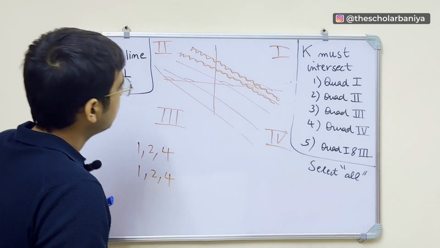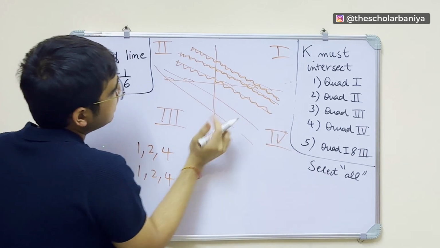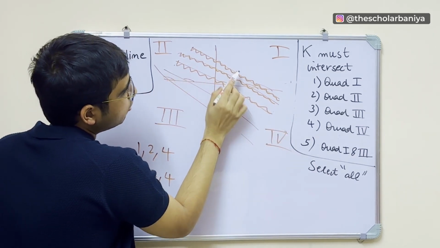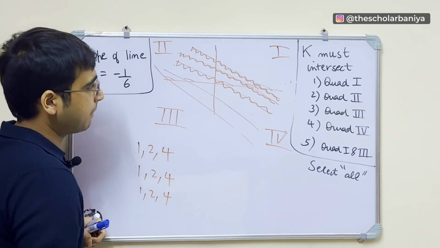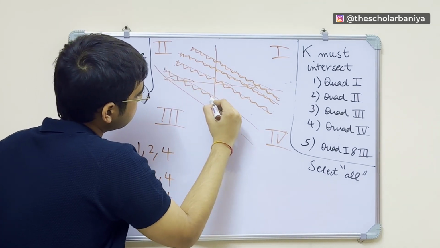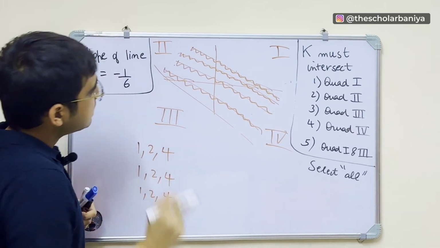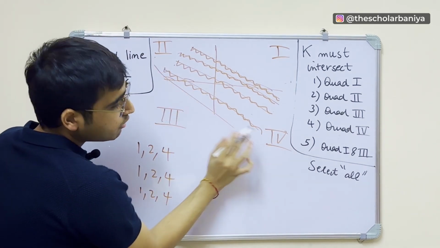Similarly, this line is also passing through the second quadrant, the first quadrant, and the fourth quadrant. Tell me about this line now. This line is passing through the second quadrant, the third quadrant, and the fourth quadrant.